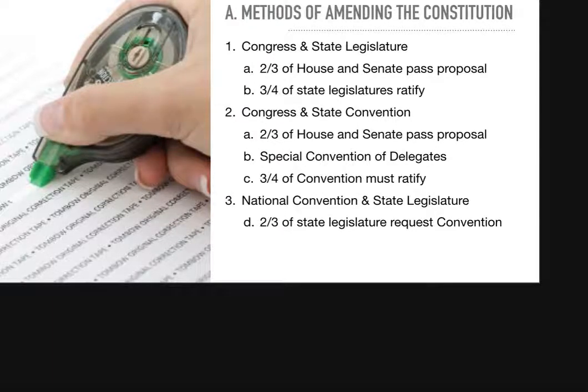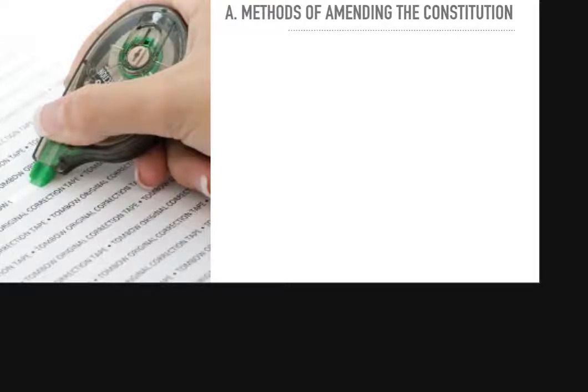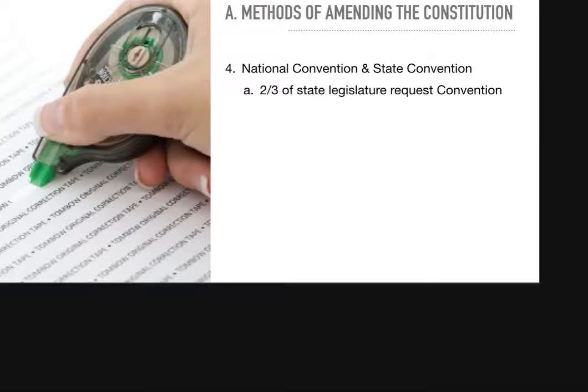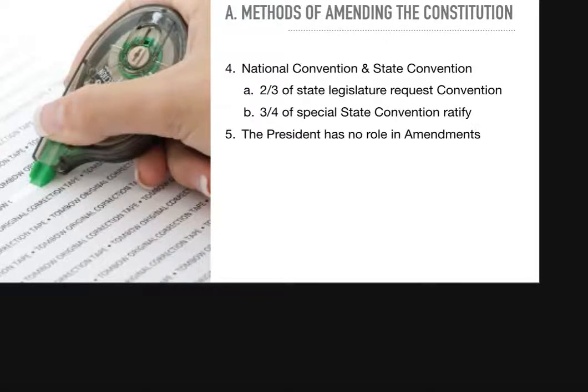That's never actually been accomplished, and again, I'm going to slide past these. The slides are on Canvas if you really want them, but I'm not going to spend a lot of time here. Or you can do the national convention, state convention hybrid option, which again, I am not going to be real concerned that you spend a lot of time, if any, reviewing.